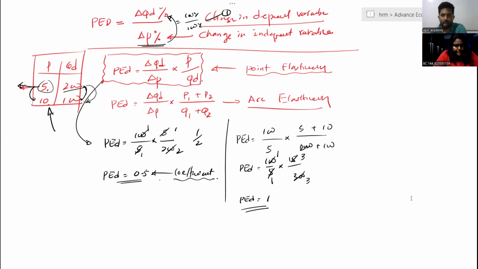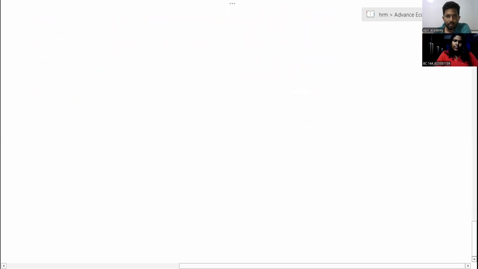Now let's practice that. Okay, as example, just go to the demand schedule. Right. This is price of the X commodity. This is quantity demand of the X commodity. Okay, 10 rupees, 20 rupees, 30 rupees. 1000 and 500 and 0.